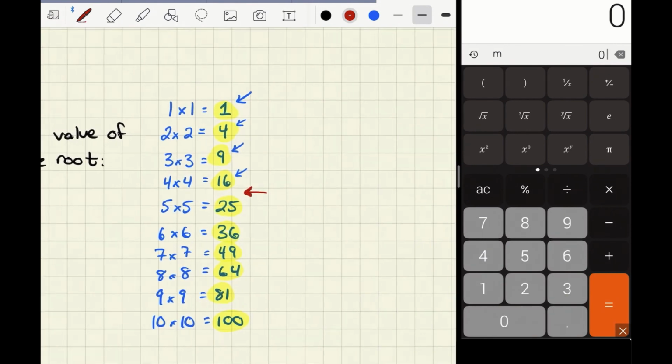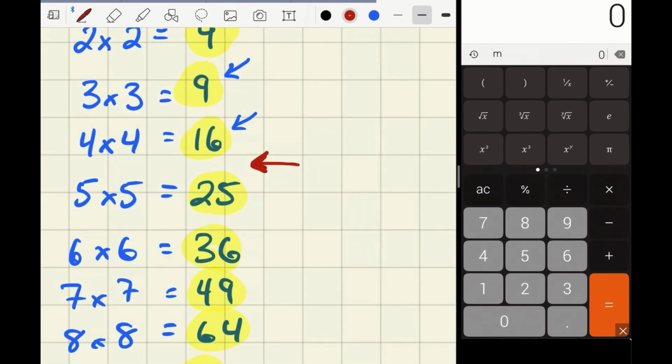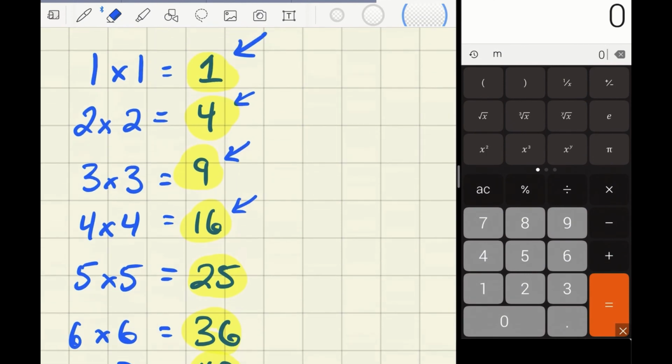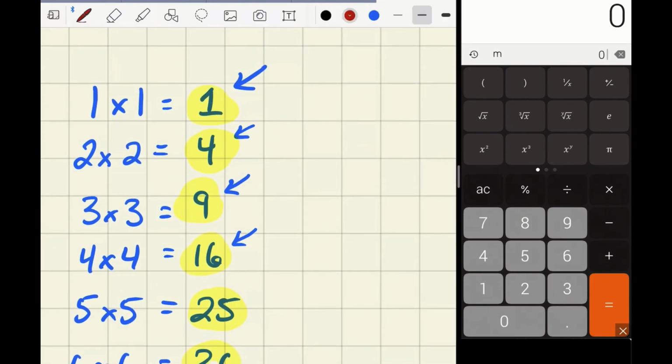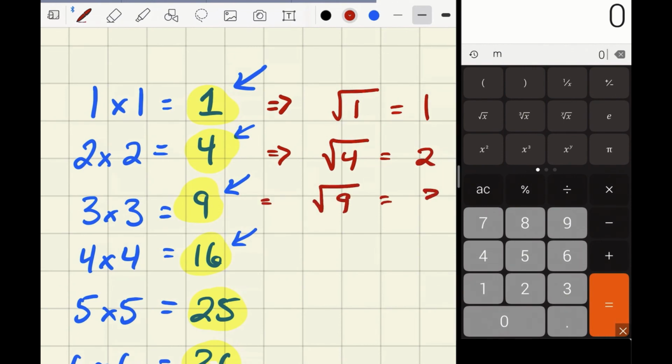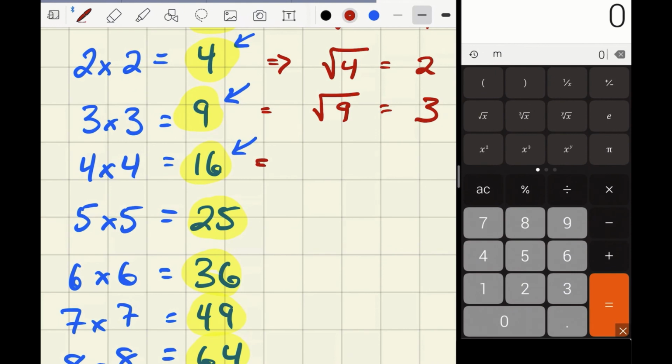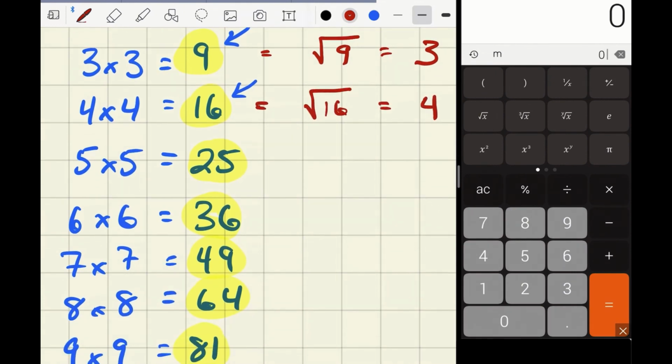And here's how we know that. This is the same thing. If we look at this, the square root of 1 equals 1. The square root of 4 equals 2. The square root of 9 equals 3. And yes, this may seem redundant, but just bear with me. The square root of 16 equals 4.